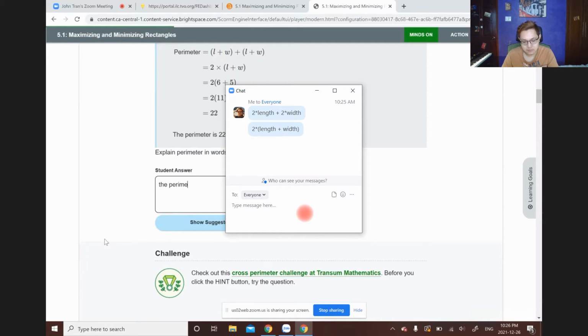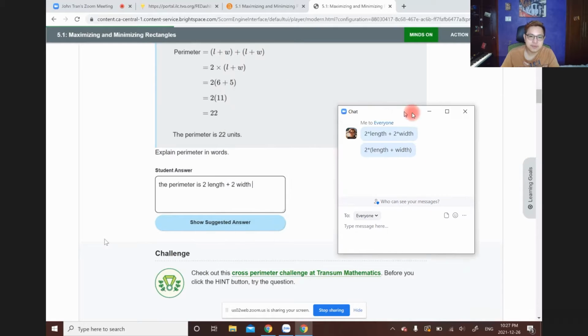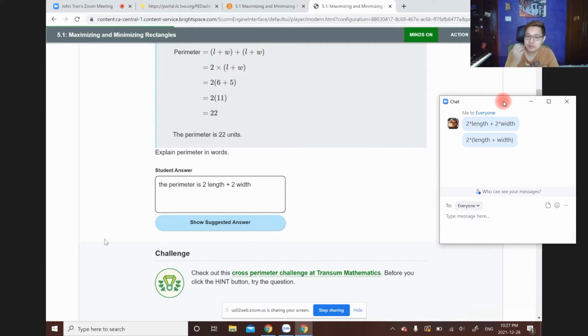Perimeter is two length plus two width. So the perimeter is 2 length plus 2 width, yeah.